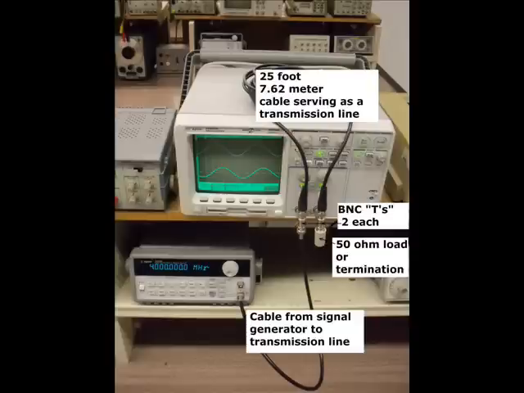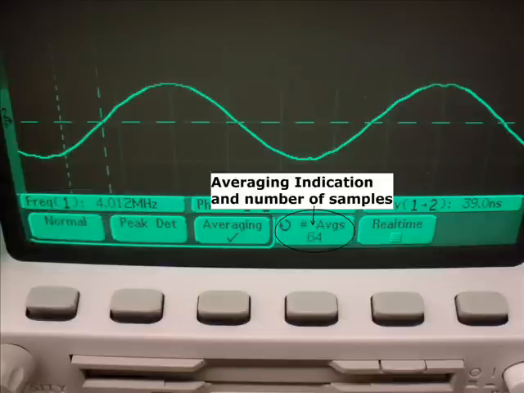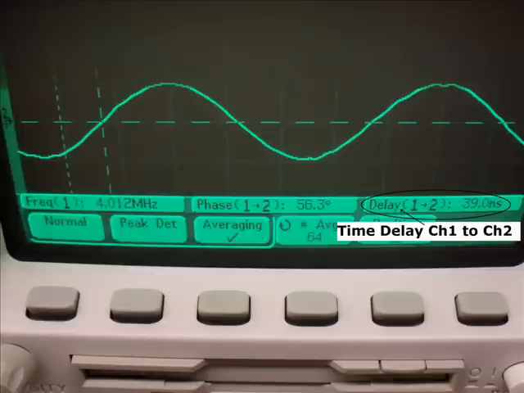Because we are using a repetitive sine wave, we can use the normal, not single sweep mode, and utilize the built-in time delay and phase shift measurements. Using averaging allows the scope to acquire many values, reducing the noise or jitter inherent in time delay or phase measurements.